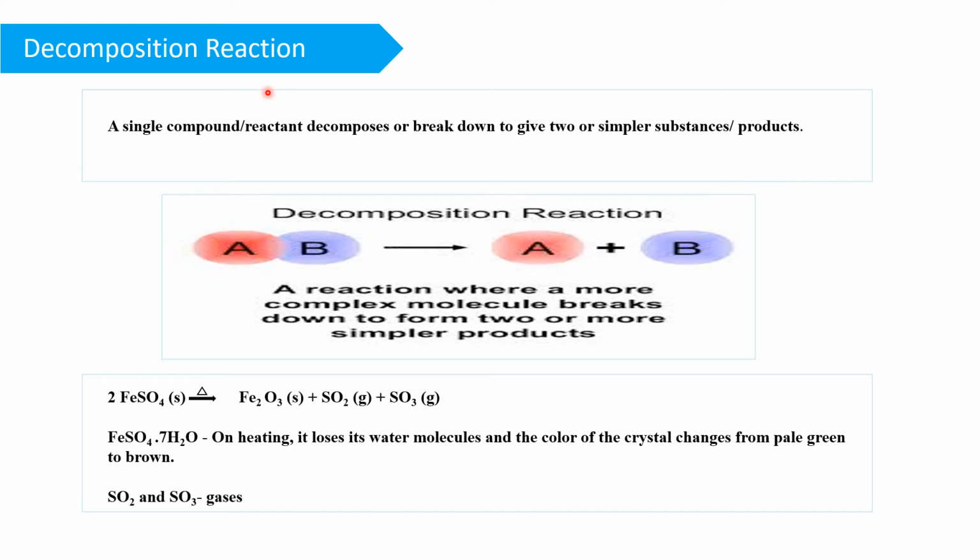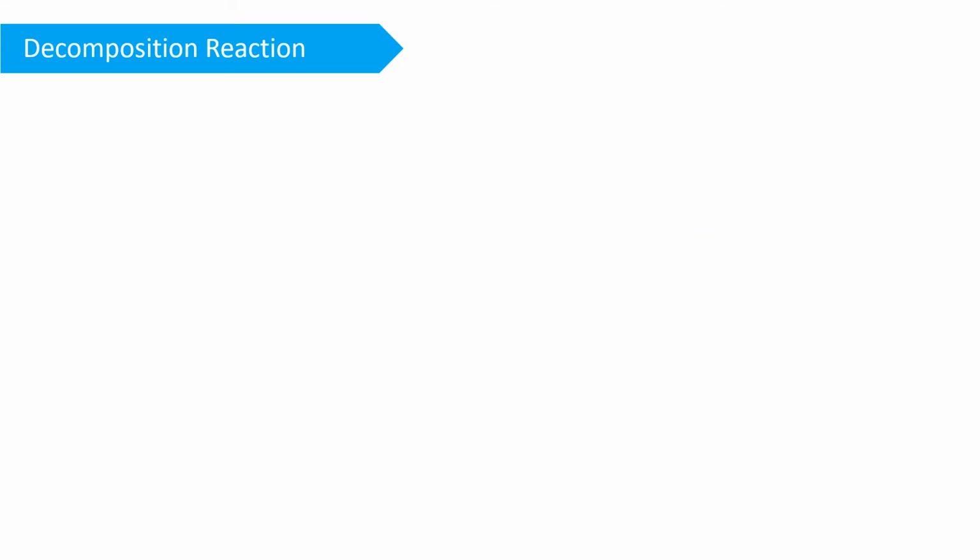In decomposition reaction, we are going to see that it requires three important conditions. For decomposition to occur, any one of the conditions has to be satisfied. In the presence of any one condition, the decomposition reaction will take place.